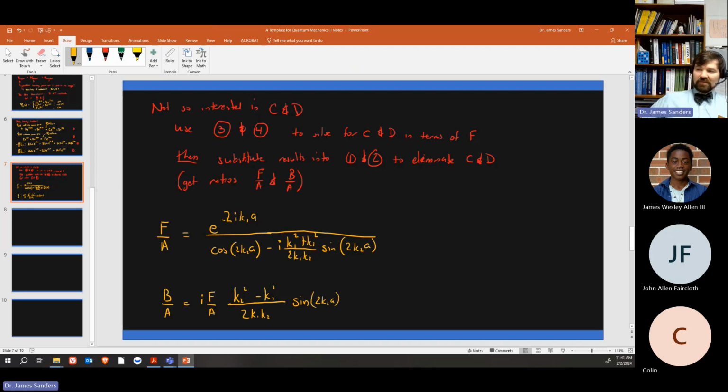What these actually represent is ratios. This is the ratio of transmitted amplitude to incident amplitude.